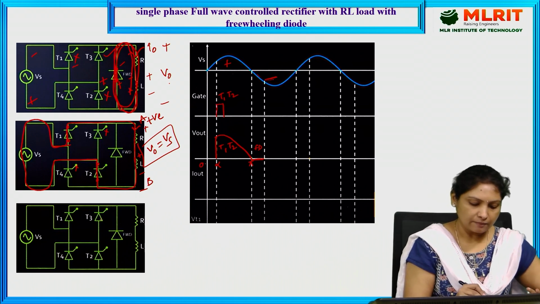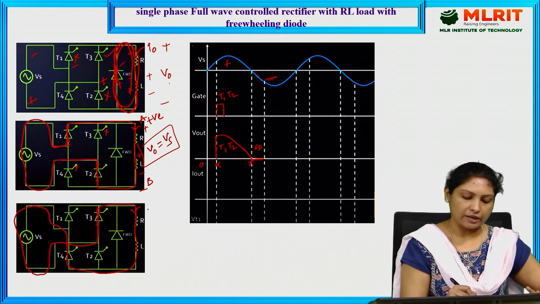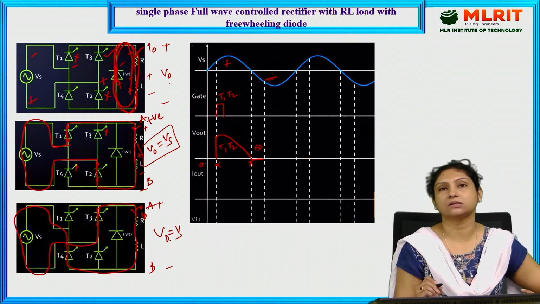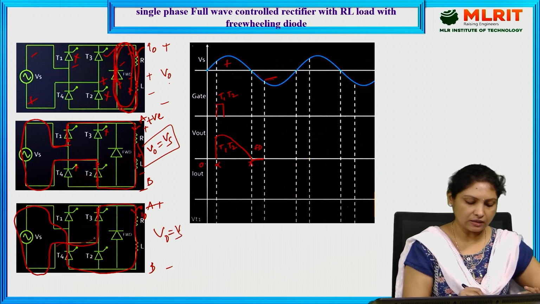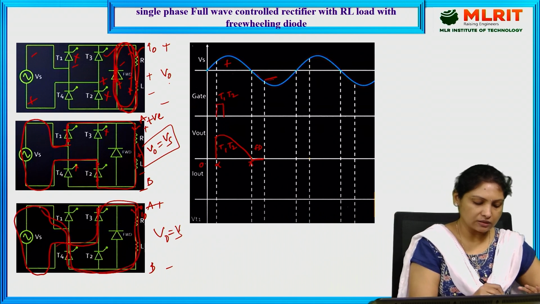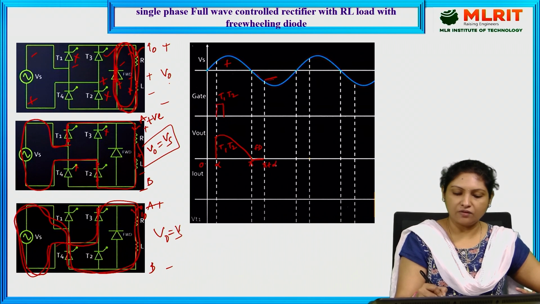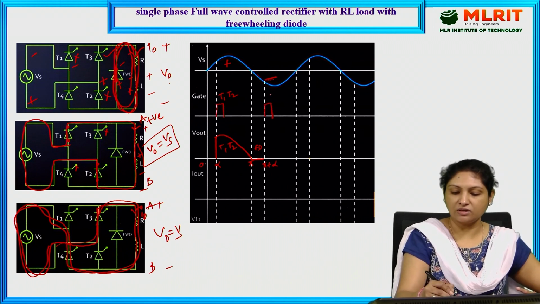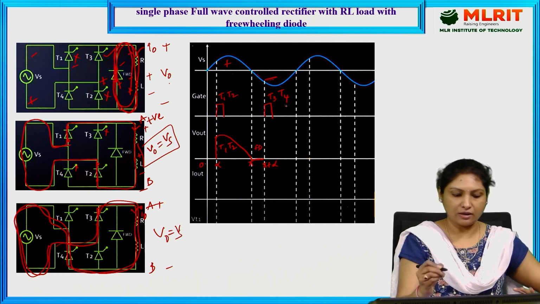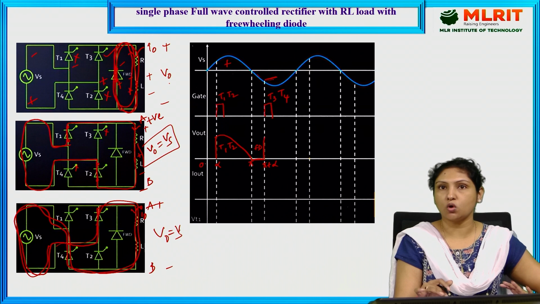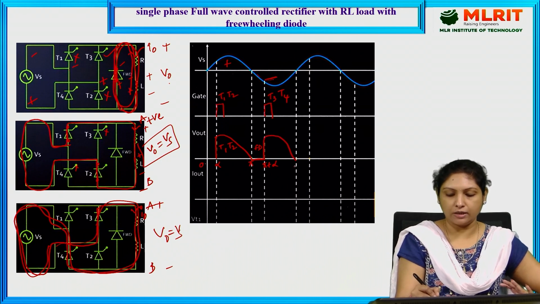T3 and T4 conduct the current through the load from A to B. This is the output current, across which we get the output voltage equal to Vs. At this instant, pi plus alpha, we provide the triggering pulse for thyristors 3 and 4, such that they conduct current through the load from pi plus alpha to 2 pi.